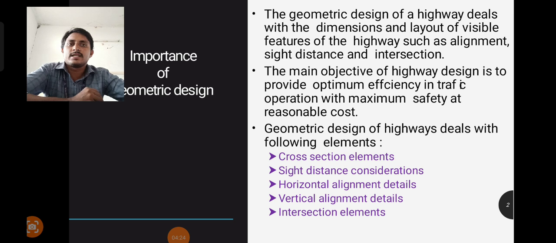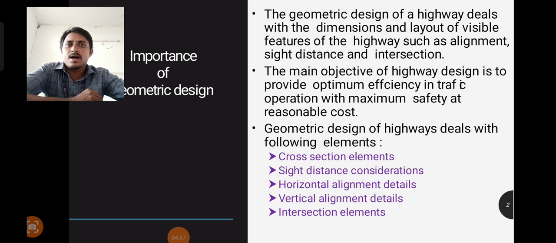Geometrical design of highways deals with the following elements. There are five elements in the geometrical design concept, which is in the second unit. In the second unit, geometrical design, we have five topics. First is cross-sectional elements, second is sight distance, third is horizontal alignment details, fourth is vertical alignment details, and fifth is intersection elements.